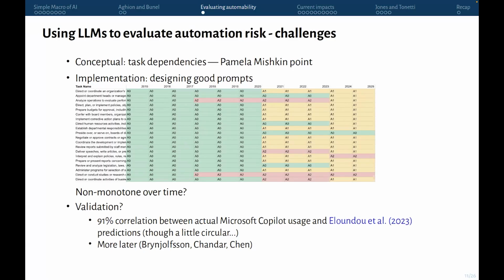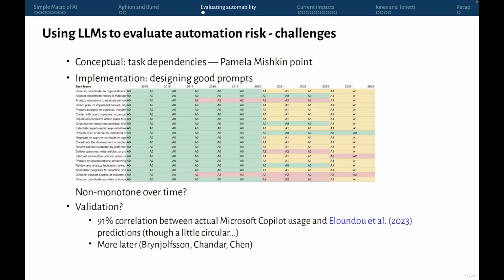And when we spoke to Pamela, she was saying that there was a lot of guidance, like human feedback, that they were doing to make sure that the prompt produced things that made sense and were similar to the things that a human would classify. So you do have to handhold the models a lot. And my impression of what happens here is you ask the model, it gives you a result.